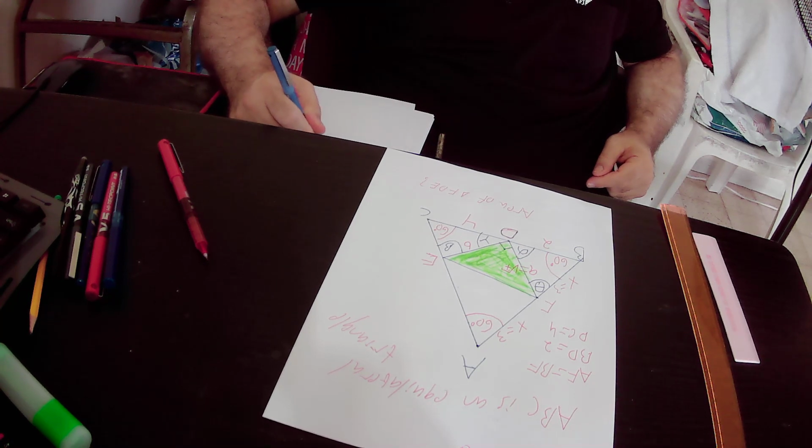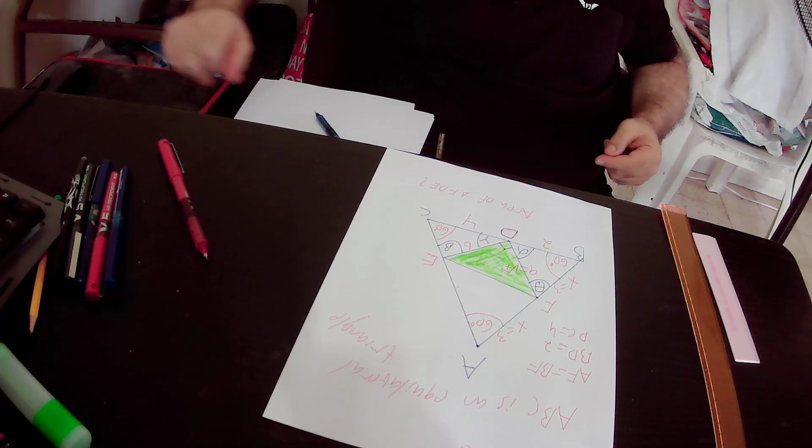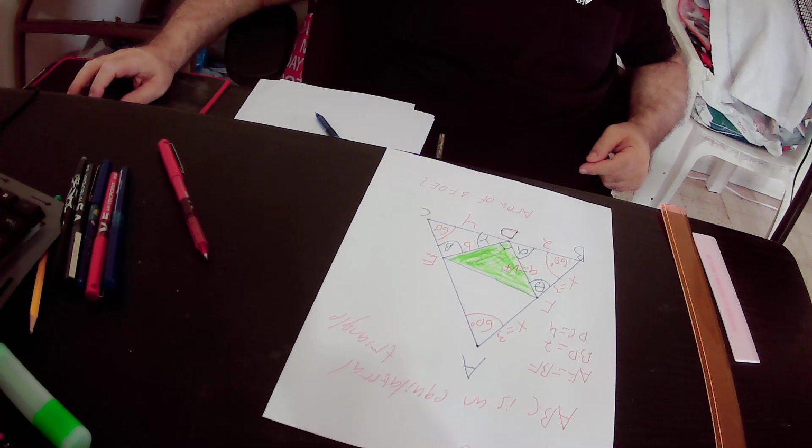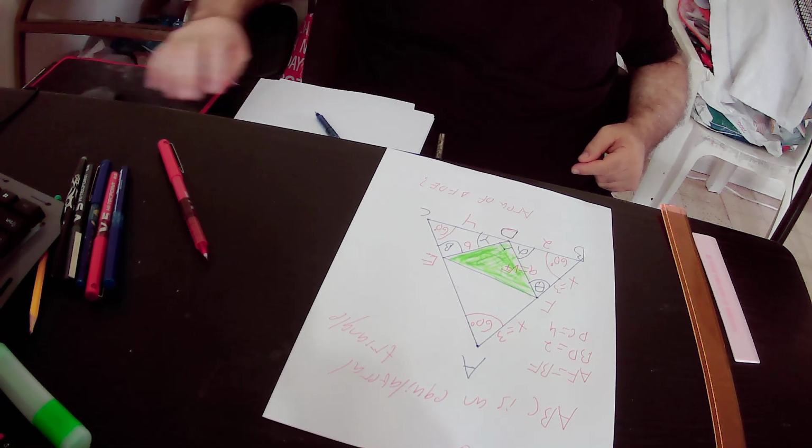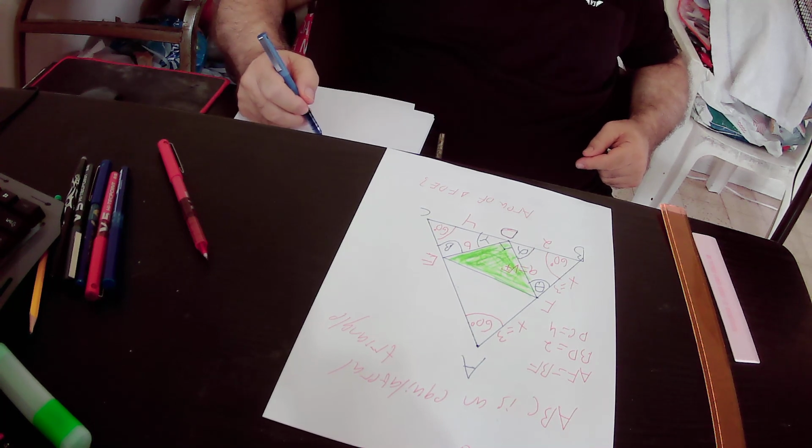So the value of FD is root of 7 units over sine 60 degrees, and the value of sine 60 degrees is root 3 over 2.